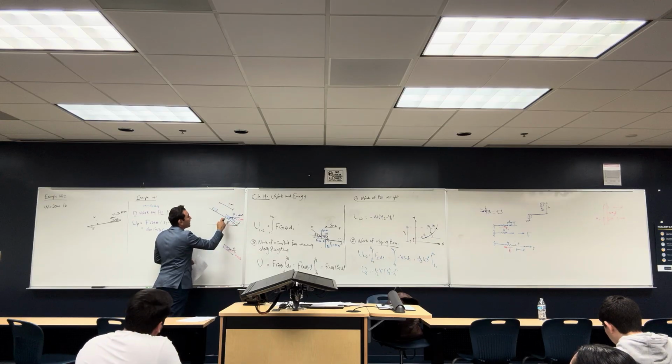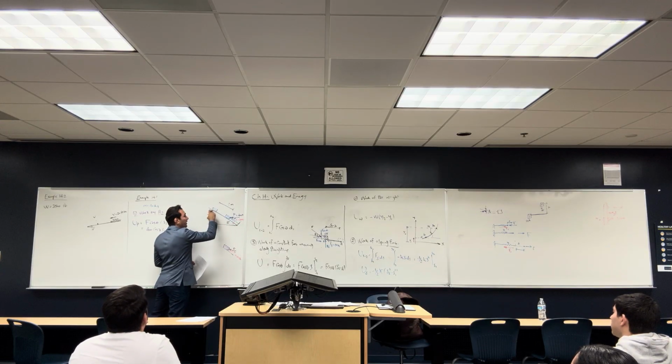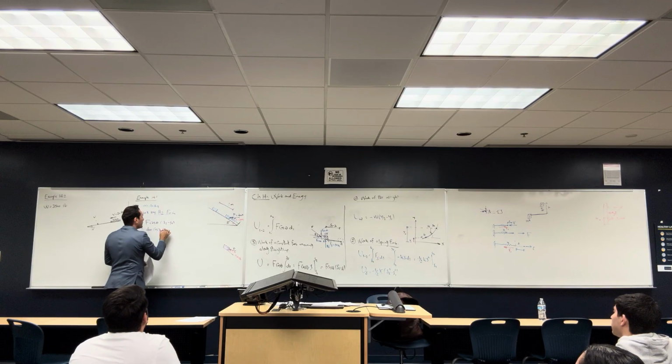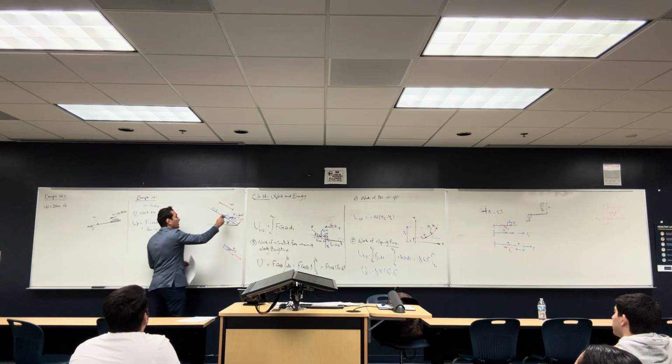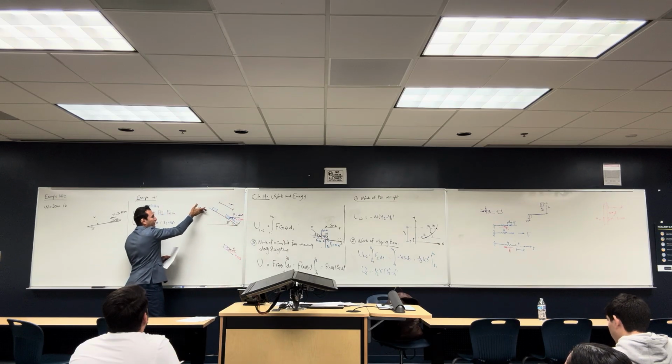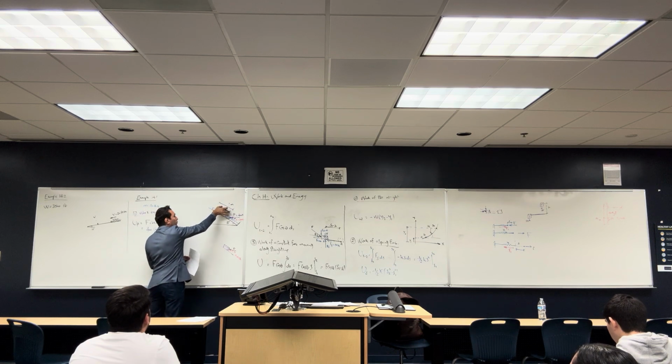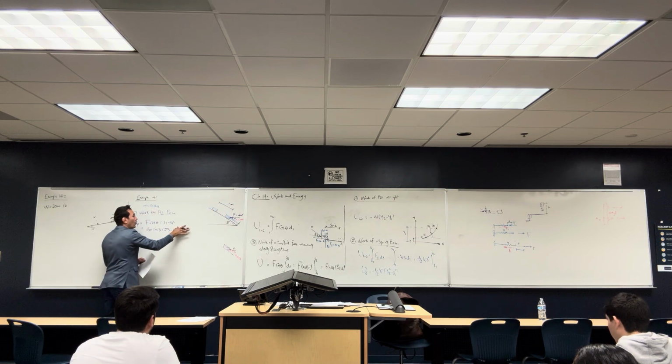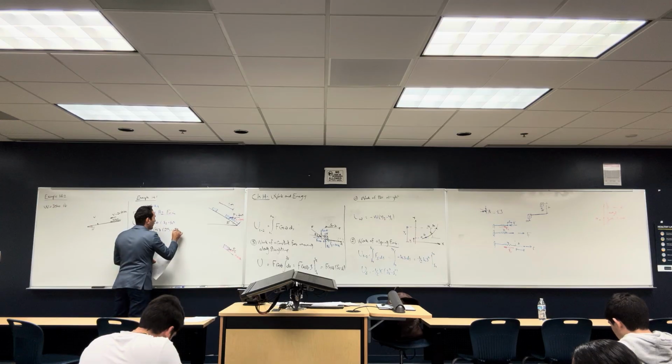Or you can say S here was 0.5 and S here was 2.5, so 2.5 minus 0.5, because the spring was unstretched for 0.5 meter and then you stretch it all the way up 2 meters, so the difference is 2 meters. Either is fine.